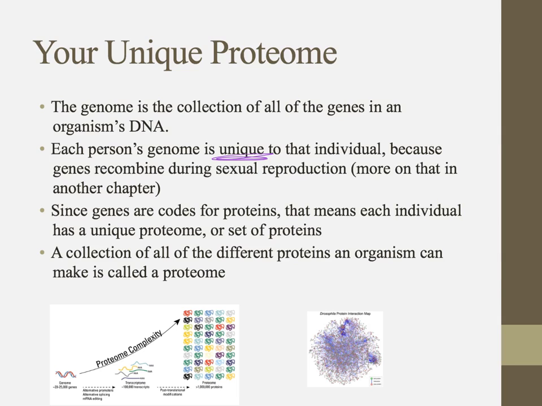But everybody's genome is different. Now, since those genes code for proteins, that also means that each individual has a unique set of proteins, and we call those protein sets proteomes. So genomes are for genes. A proteome is someone's unique collection of proteins.